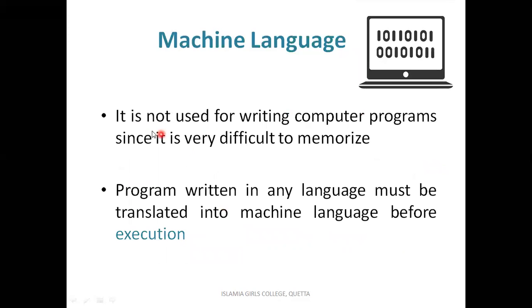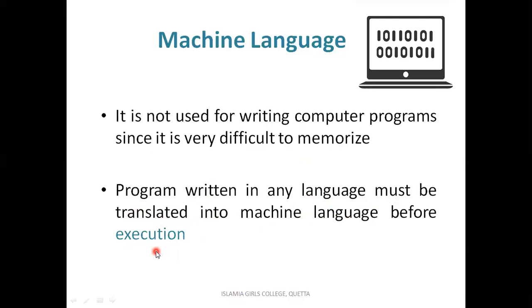But still, the machine language is not used for writing programs. Why? Because it is very difficult to memorize the machine codes, which are all in 1s and 0s. So if the machine language is not used for programming, then some other languages are used, low-level and high-level languages. The programs which are written in any other language must be translated into the machine language before execution.